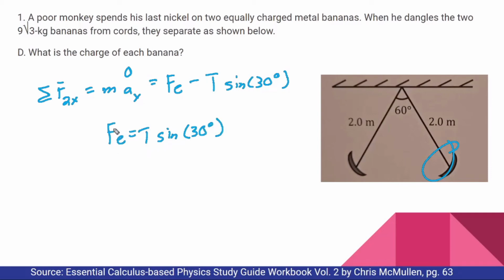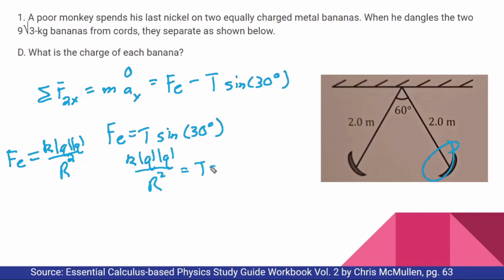And now from there, we have to change the electric force into its equation, which is Coulomb's constant times the absolute value of charge 1 and charge 2 over their separation distance squared. We have this. Now we can plug this into our equation, where we get k q q over r squared is equal to T sine of 30 degrees.